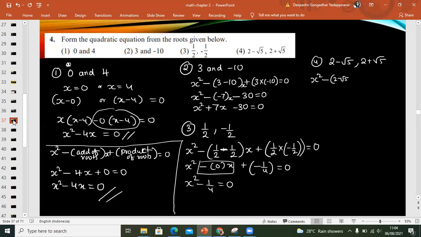Question is 2 minus root 5, 2 plus root 5. What is our formula? x square minus addition of the roots. So I will write 2 minus root 5 plus 2 plus root 5.